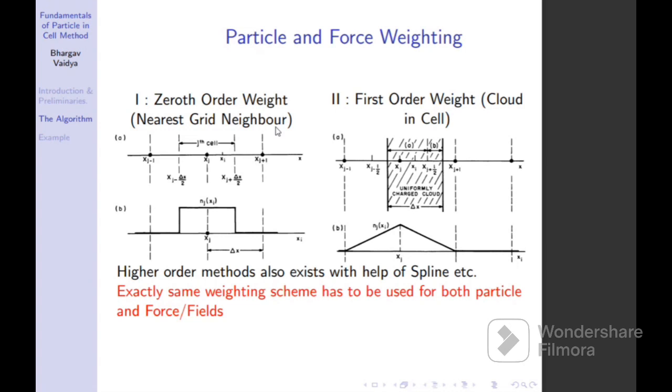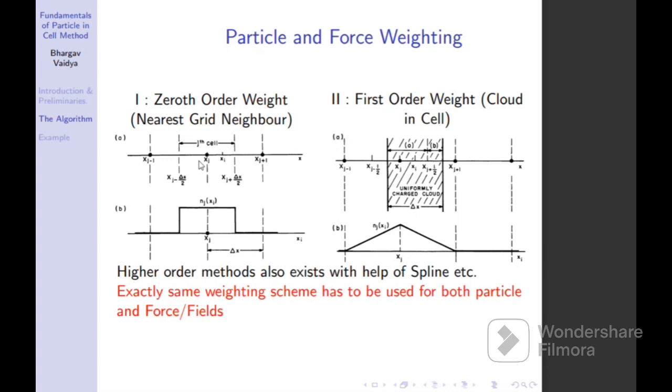Two interpolations, two weightings. And you have to do exactly the same. You cannot choose one weighting for one and another for the other, or it will not be correct. Whatever order of accuracy weighting you use for the first case has to be used for the second case.